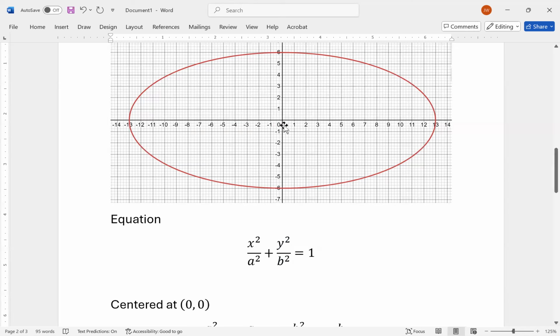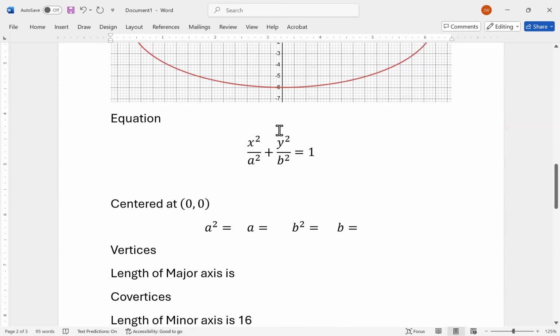Now, what is a? Well, if I go from the origin, which is my center, to the outermost point on this ellipse to the right, I've gone 13 units to the right. Also 13 units to the left. So that means a is 13. Also, moving up and down, we move 6 units. So b is equal to 6.